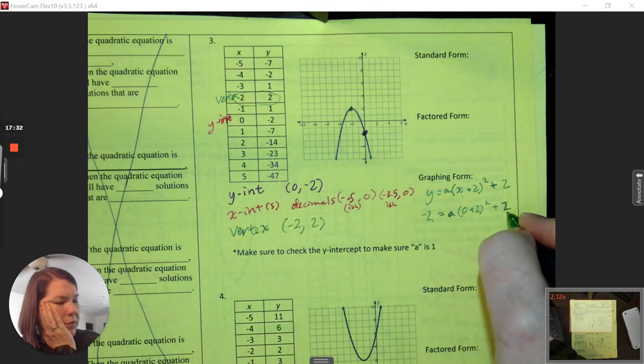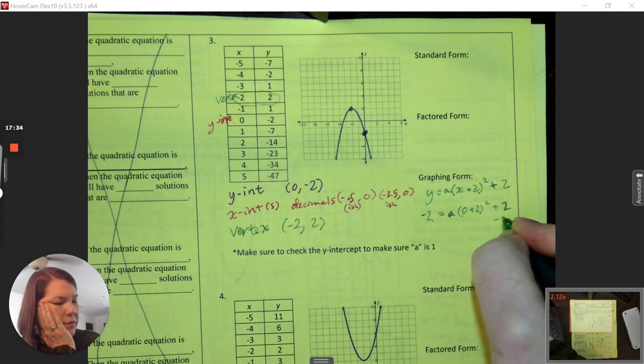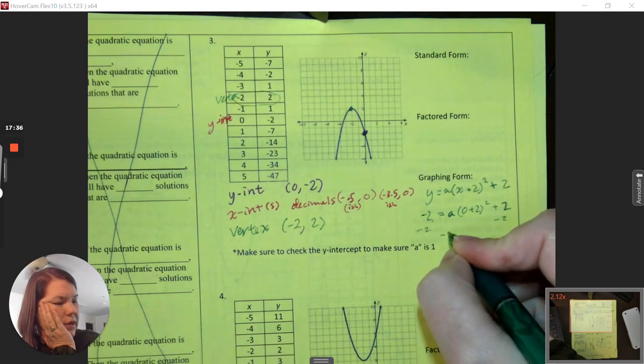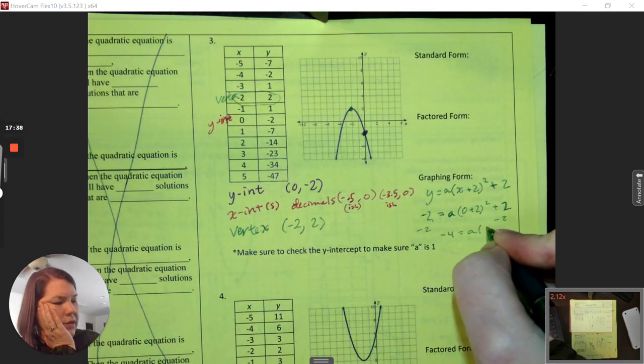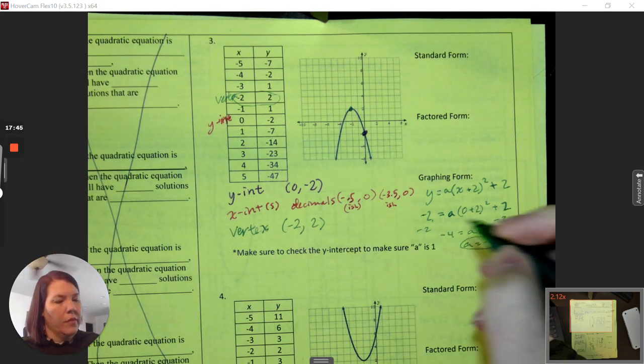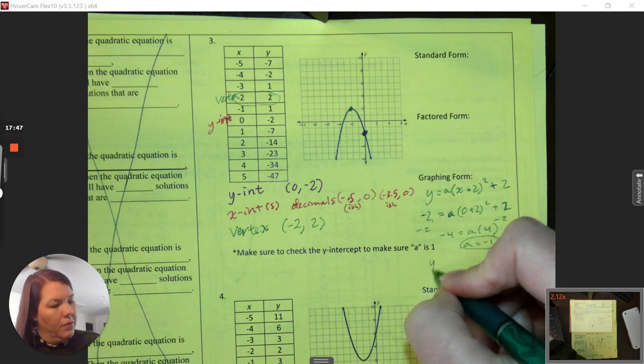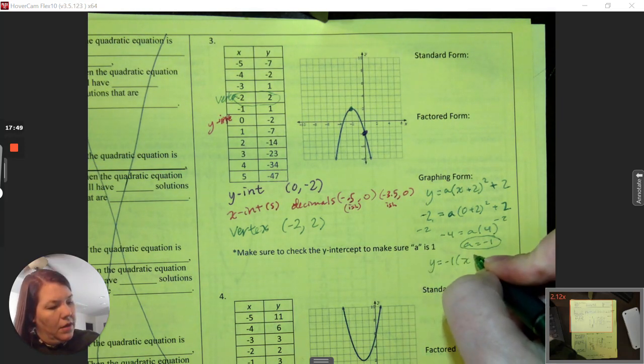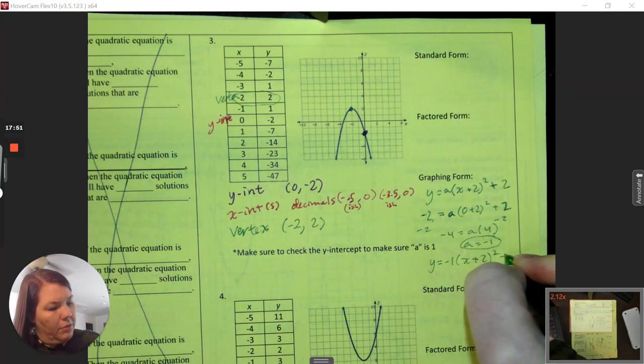I'm going to move this 2 over with this one. So I get -4 equals a times 4, which makes a equal -1. So graphing form, y equals -1 times (x plus 2) quantity squared plus 2.